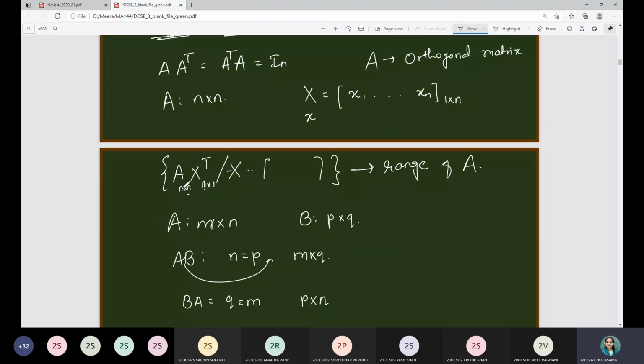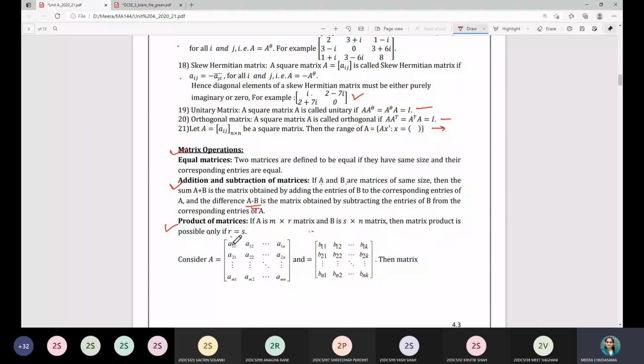And how is this matrix multiplication performed? Suppose this is the given matrix A and this is the given matrix B. If you write the product of the matrices as this one, this corresponds to the first row, first column entry. So consider the first row and first column, first multiply the corresponding entries and then add them, and you will have this entry.